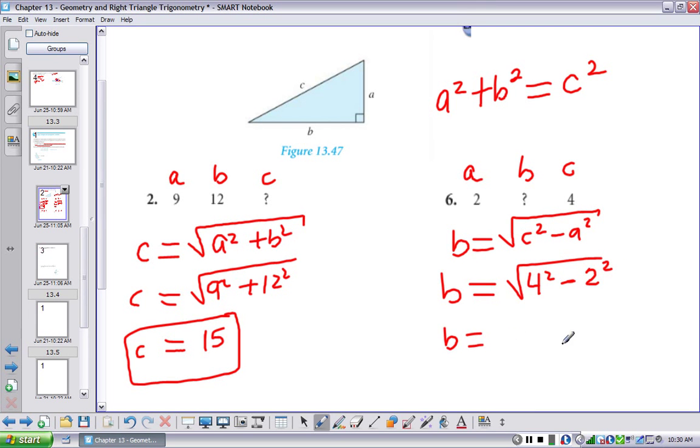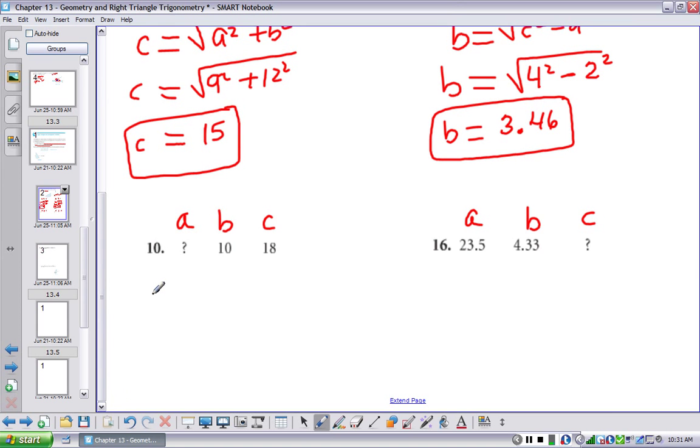So we have 16 minus 4, and we take the square root of that, and when we round to 3 significant digits, we have 3.46. Remember, 3 significant digits.